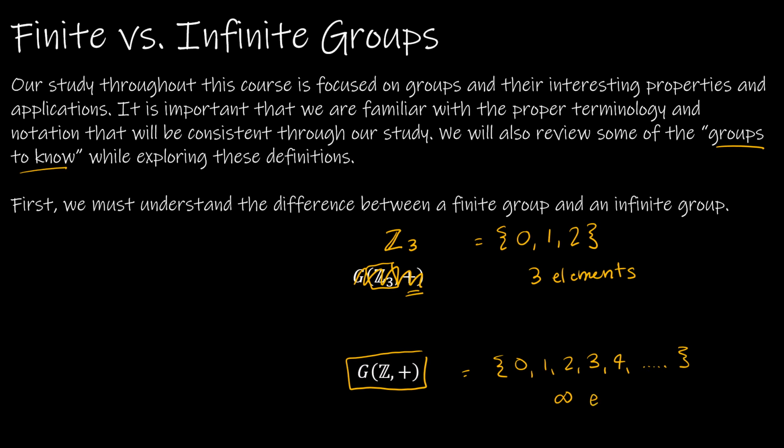There are an infinite amount of elements, and therefore we would say the order of Z3, and that's the notation we're going to use, it's like the absolute value bracket. So the order of the group Z3 is that there are 3 elements, whereas the order of the group of integers under addition, notice I didn't have to write addition up here, is infinite, an infinite number of elements.